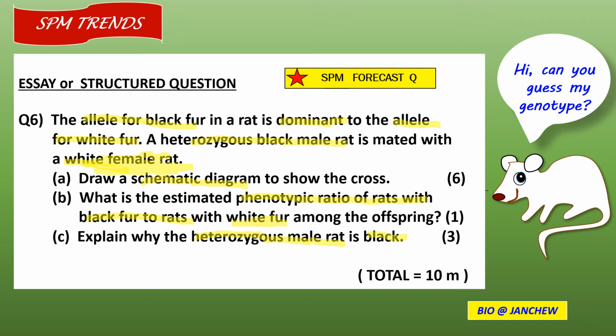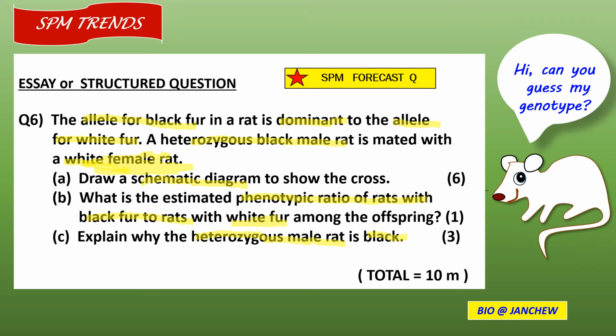Now, what's the information that we can get here? Allele for black fur dominant to allele for white fur. So you have to assign letters for the alleles. These are the two alleles, or the traits: black fur and white fur. What letter are you going to use to represent the dominant allele, which is the allele for black fur?